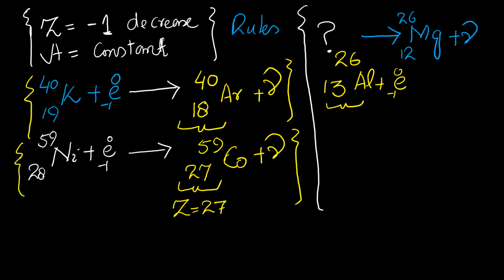As a result of the daughter atom formation, a new type of radiation known as gamma radiation is produced. The process in which an electron is gained by a proton, resulting in a daughter nuclei and gamma radiation, is known as electron capture.